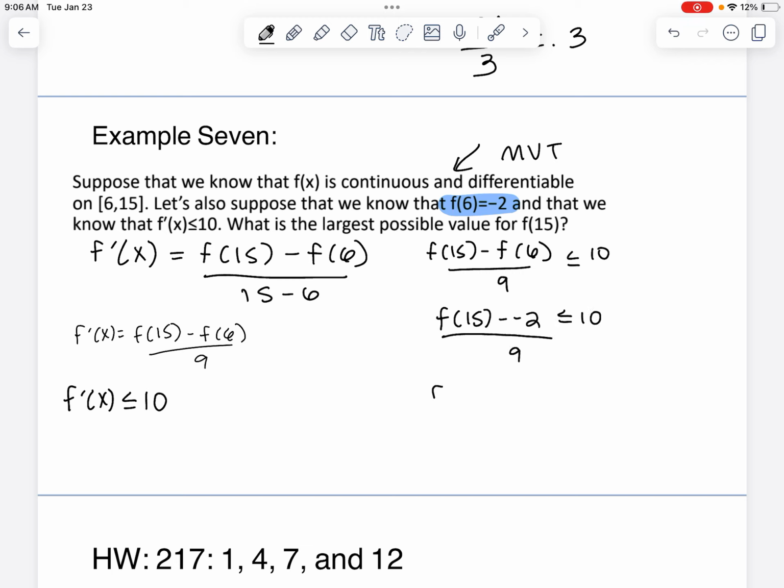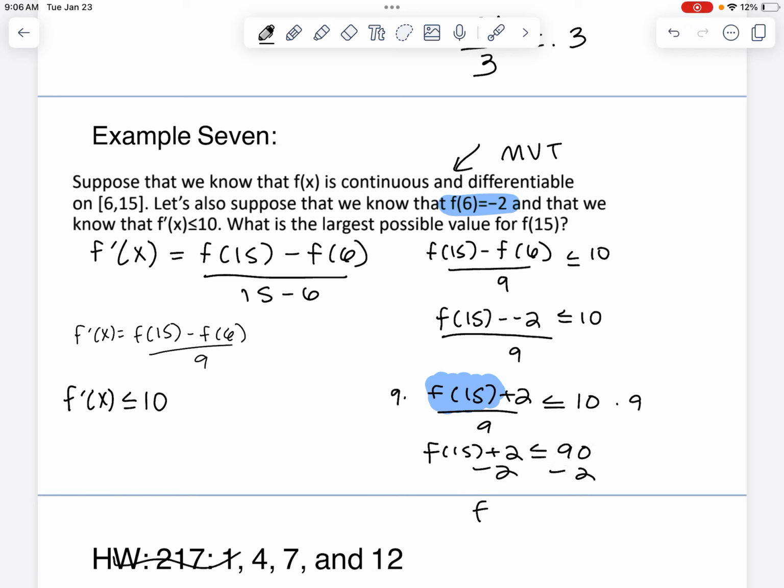That simplifies to this. And I just want to figure out what is the largest possibility that f of 15 could be to make this true. So I'm just going to solve for it. Multiply 9 on both sides. I get f of 15 plus 2 is less than or equal to 90, and I'm going to subtract 2 on both sides. I get f of 15 is less than or equal to 88, so the answer is 88.